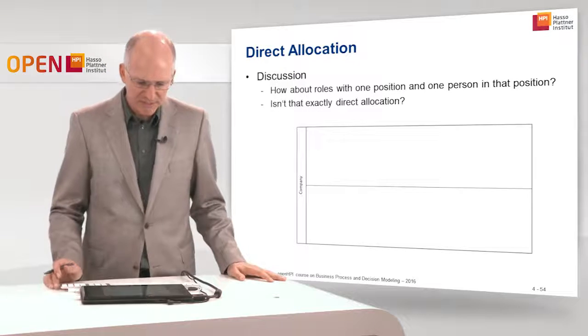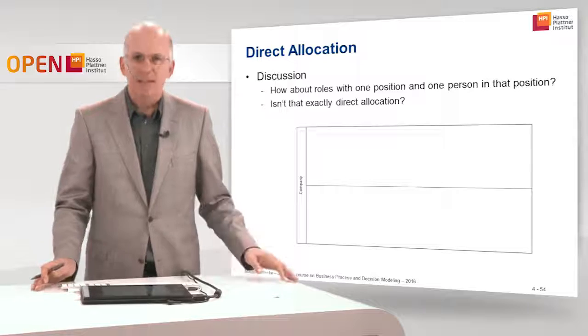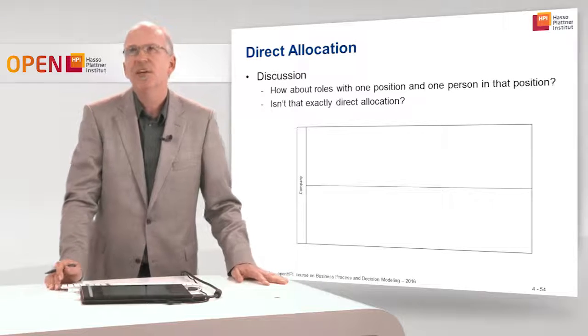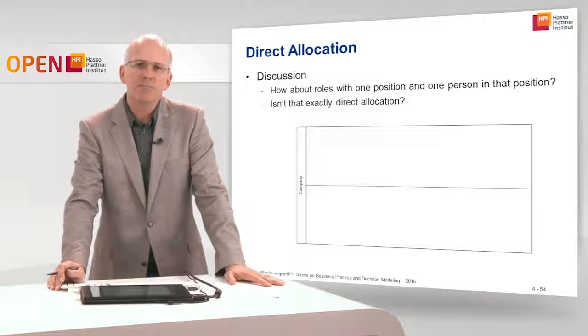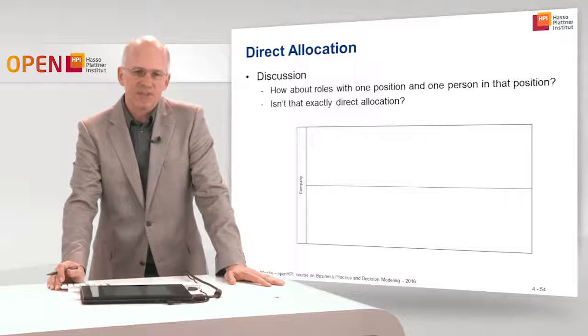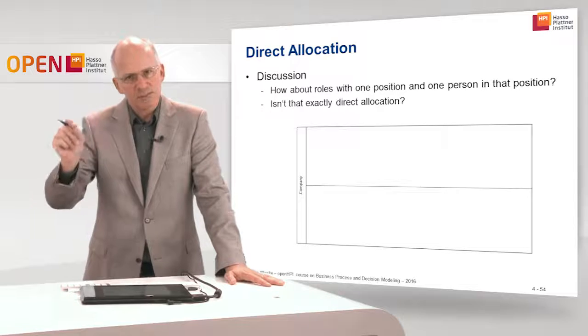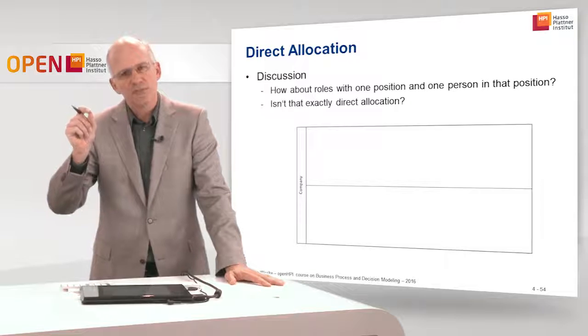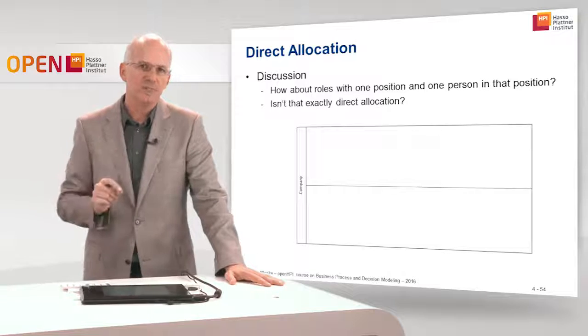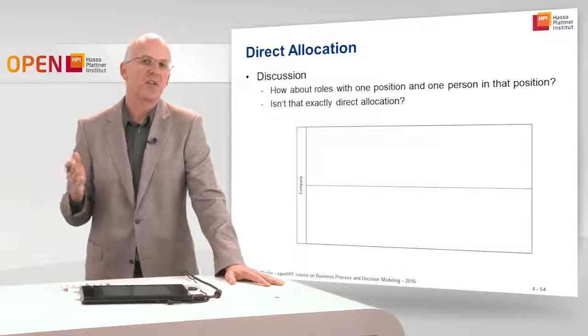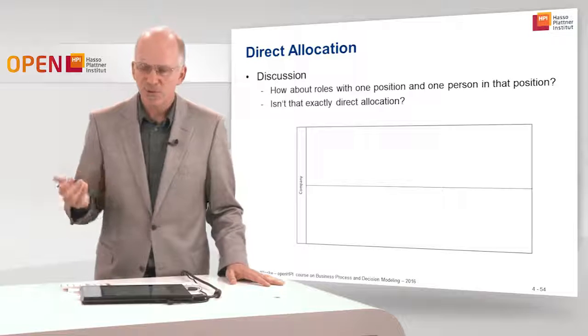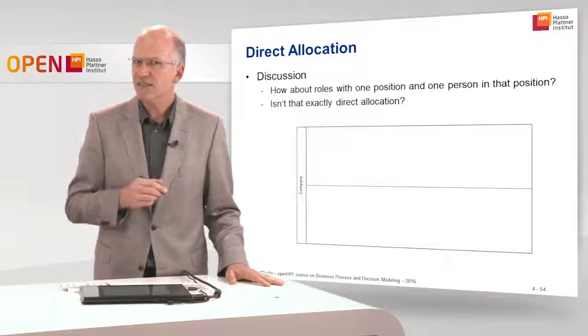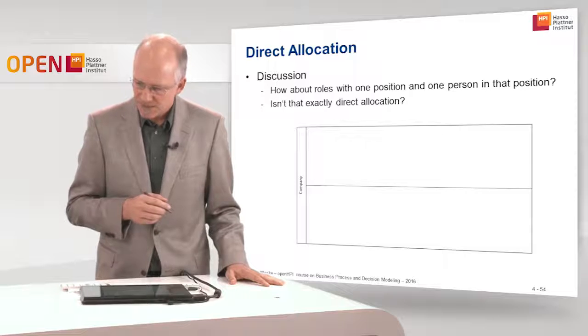I'd like to discuss with you that we could also say, if I have a role with just one person attached to it, so there's only one position in that role, so that the role effectively can only be fulfilled by one position, isn't that exactly the same as direct allocation?